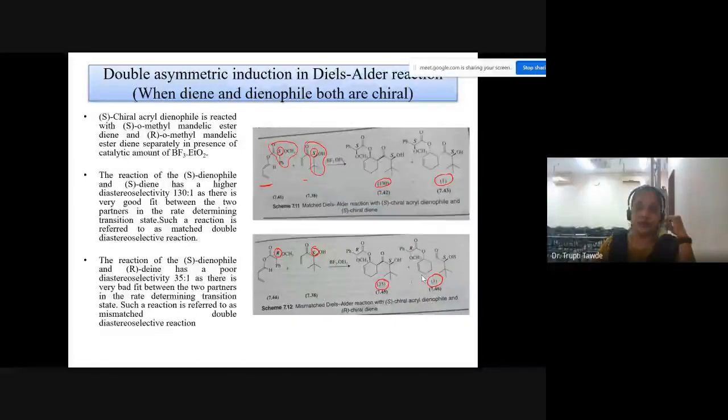This is better. So when I'm taking two configurations of the diene and dienophile and I'm getting a better stereo selectivity, we consider this a good combination of the two chiral auxiliaries.